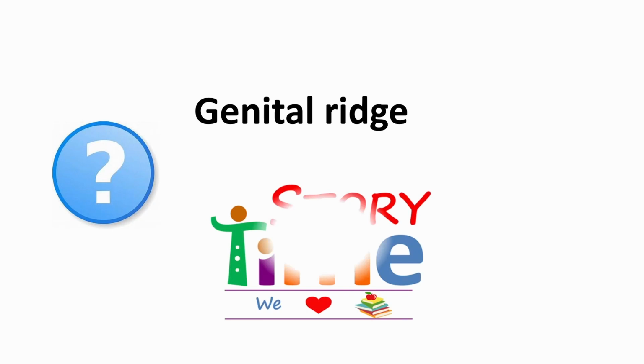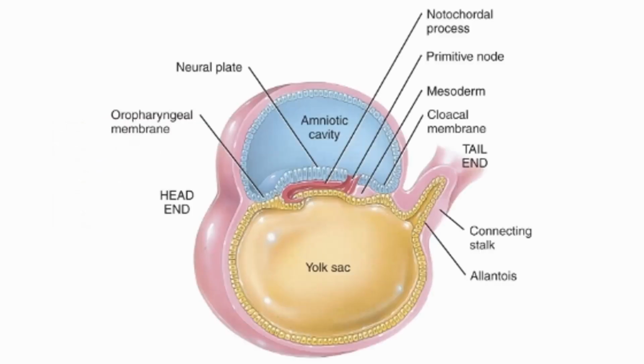Now, what is this place or this environment? It is what is called the genital ridge. Genital means reproductive system and the ridge means an elevation. And this is where the story begins.